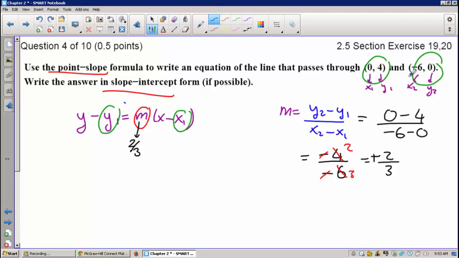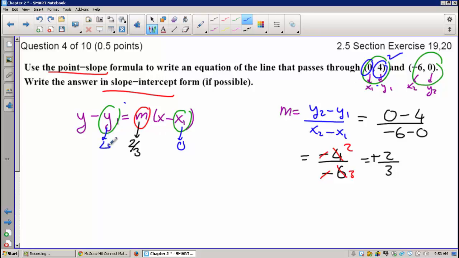Now, which one of these pairs of numbers are you going to use here? I'm going to go with the first one. This is x1, y1. So I will call this 0 because x1 is 0 right here. And y1 is 4.